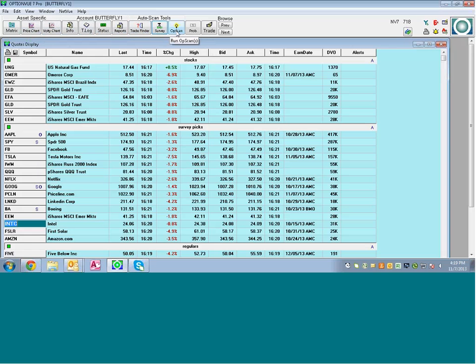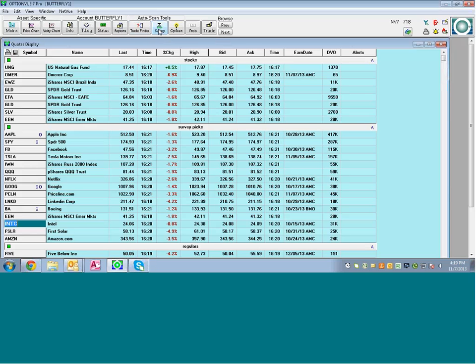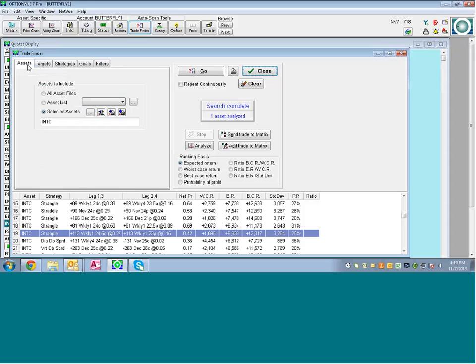The survey, we didn't have time today for OpScan, but the survey is very, very useful for getting those initial trading ideas, doing the price charts, then looking at TradeFinder after you've run and gotten your prices on the various assets that you're going to analyze to find option trades with.